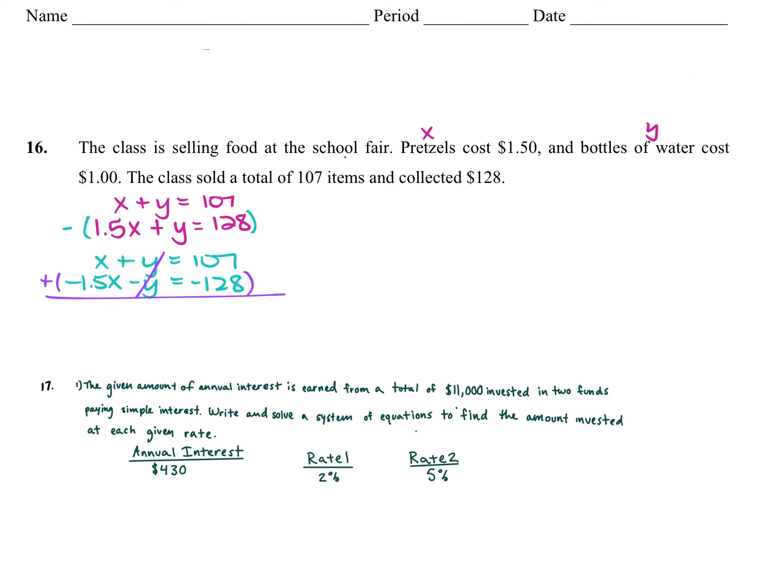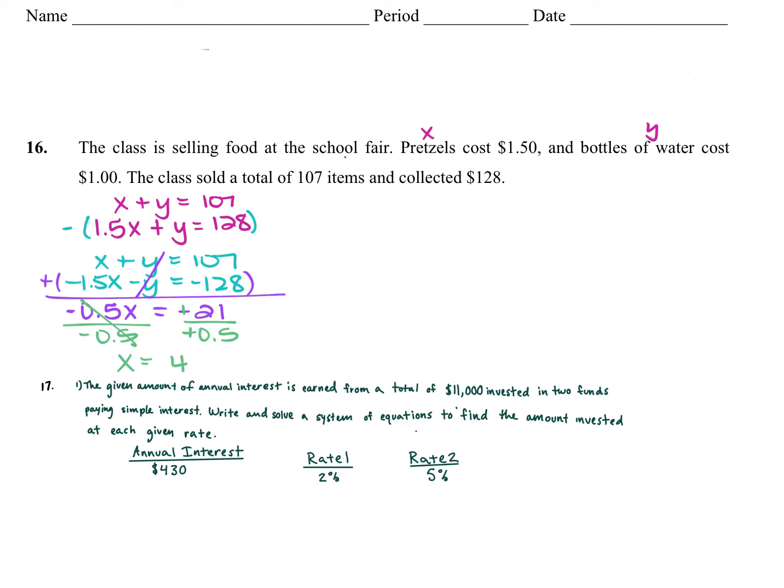That negative 1.5 plus 1 is negative 0.5x, and 107 minus 128 gives us negative 21. From here, we would just divide each side by the negative 0.5. A negative divided by a negative is a positive, and 21 divided by 0.5 gives us 42.